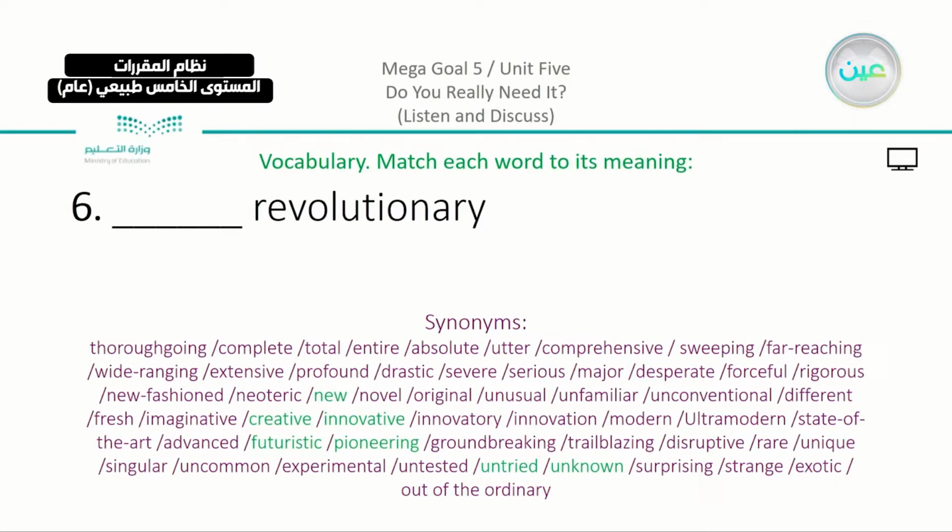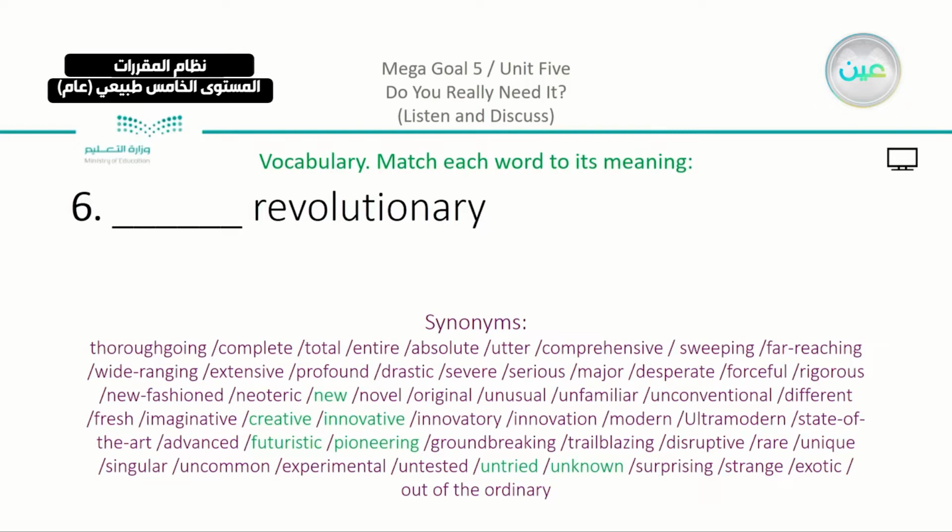So we talked about the sneakers. We said that they are revolutionary. We can say that the closest meanings here are, for example, new, creative, innovative, futuristic, pioneering, untried, unknown. So these are the closest, but that doesn't mean that revolutionary doesn't have other meanings.